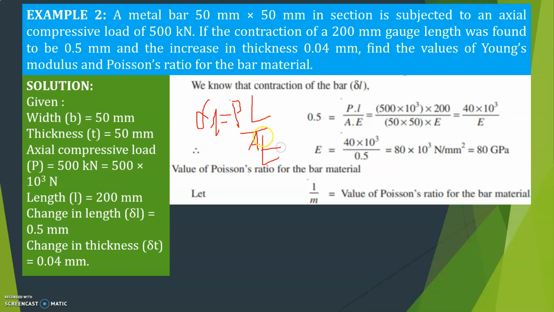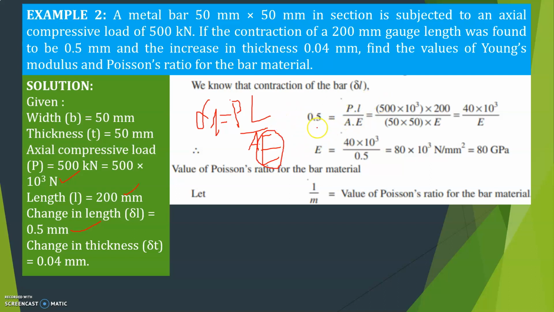Here we know delta L, which is 0.5, and P is 500, L is 200, and A is 50 into 50. E is the only unknown value.